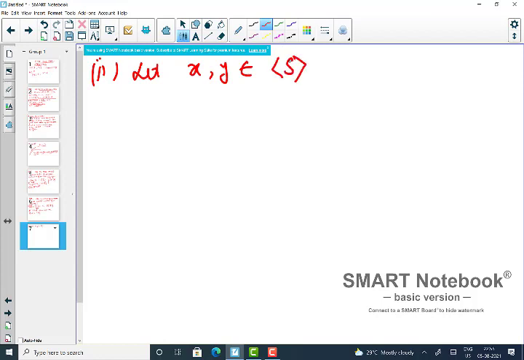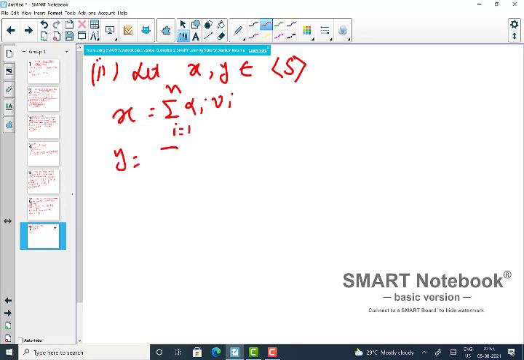So by definition, you can write x is of the form summation alpha_i v_i, i equal to 1 to n. And remember this thing, these alphas are constants.